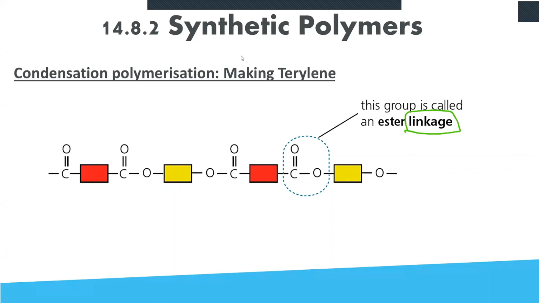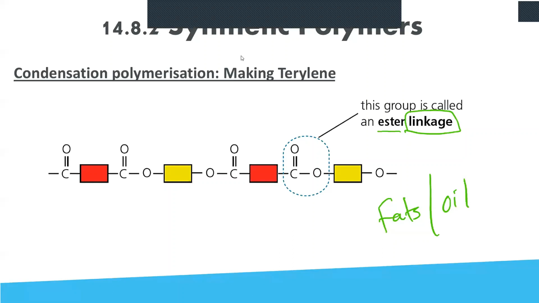And terylene is the one which has the ester linkage. The natural molecule that has the ester linkage will be fats, all right, fats or oil, and that I will be discussing as well.